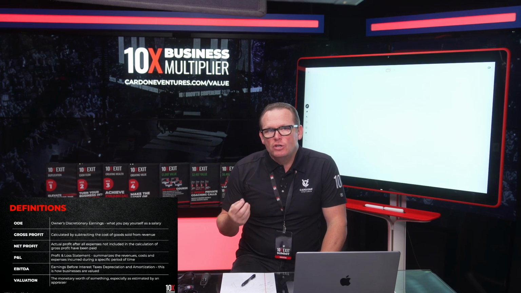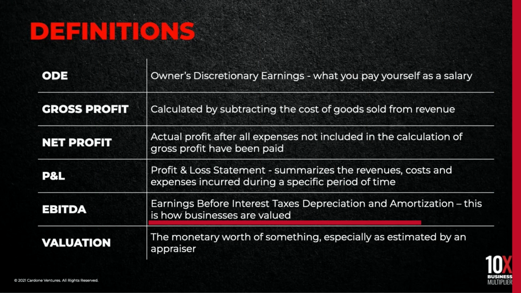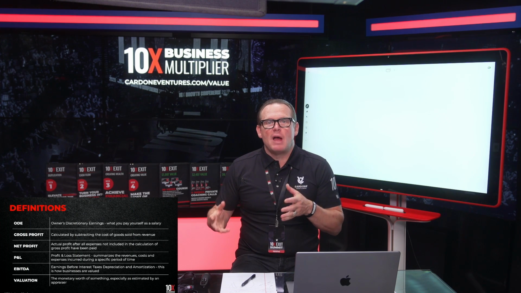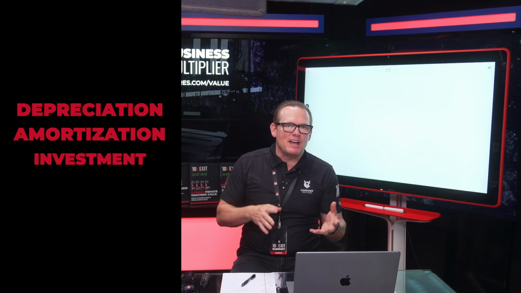Wall Street uses a term called EBITDA, earnings before interest, taxes, depreciation, and amortization. This is traditionally how larger businesses are valued, because you have to adjust for depreciation and amortization, things you invest in, things you buy.